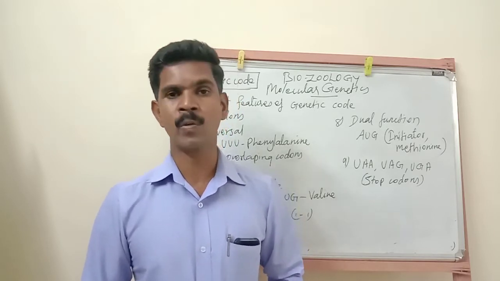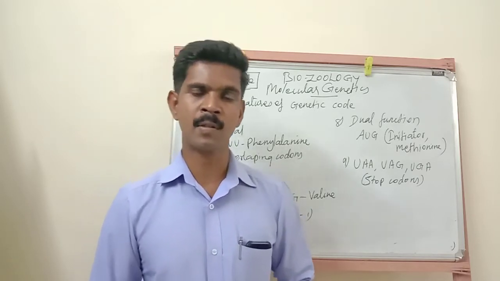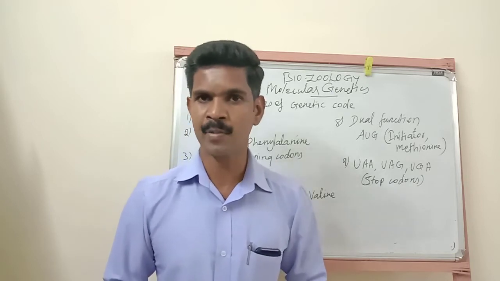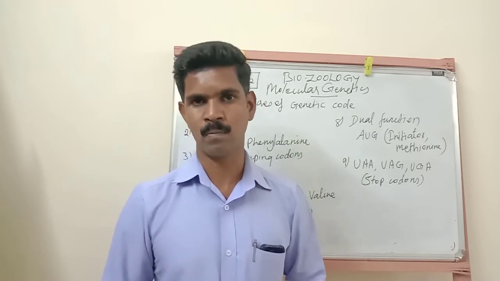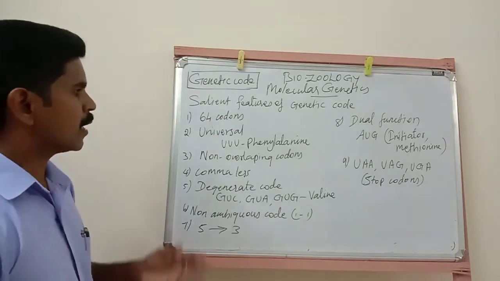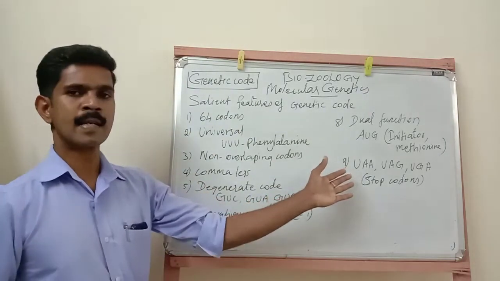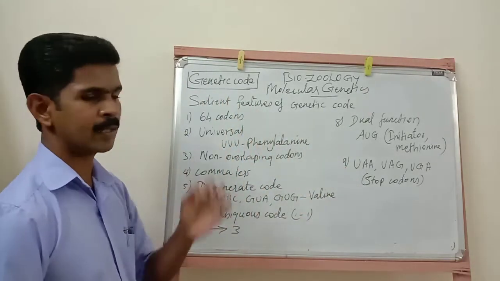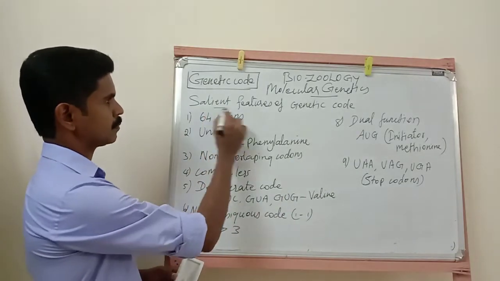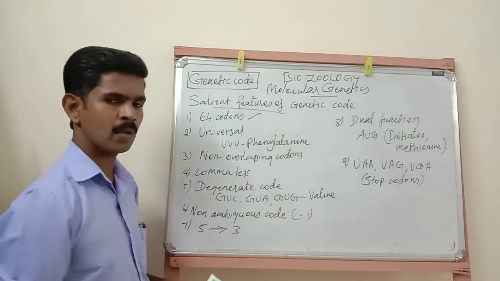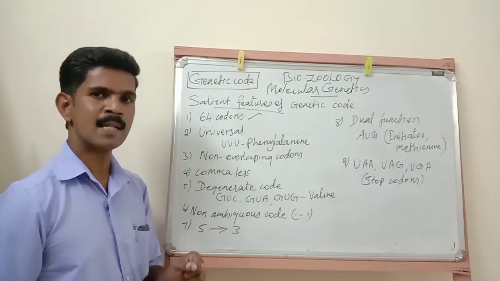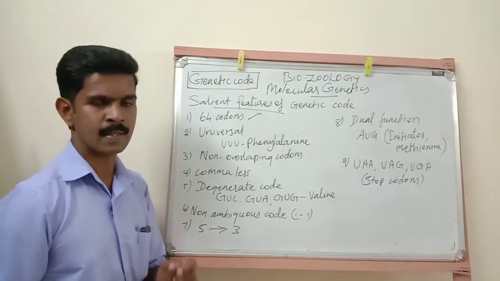Now we are going to study the first important 5 mark question, the salient features of the genetic code. Here I have written 9 important salient features. The first one is 64 codons. Totally 64 codons are present in the cell.